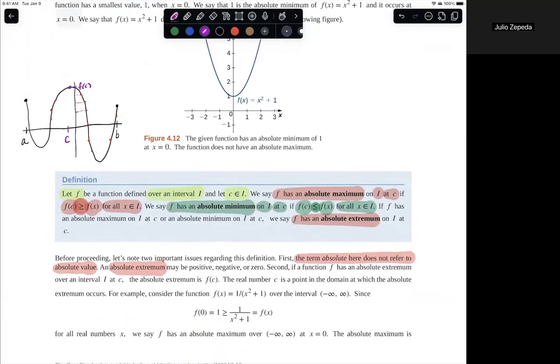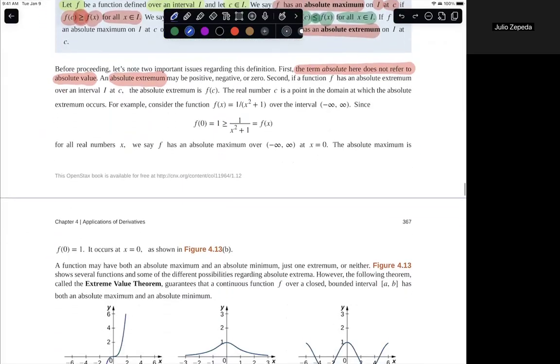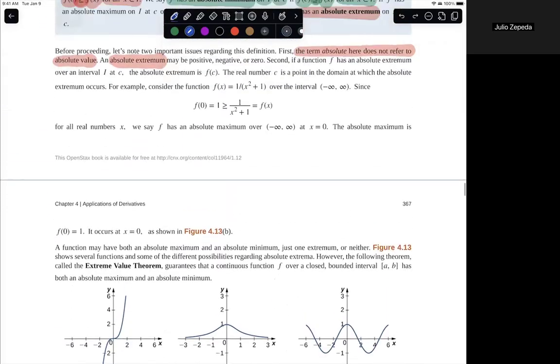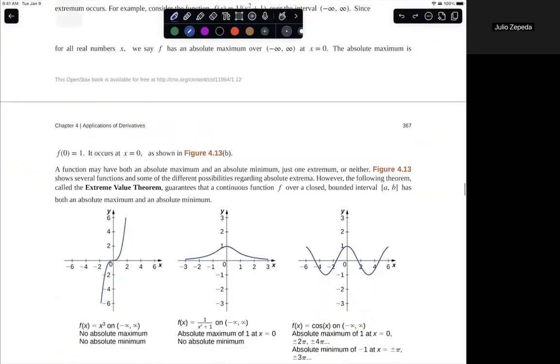If you take a look at the graph here in blue, the absolute maximum for this function is going to be some negative value. So that's very possible. Okay, so let's move on. This is very good reading material if you want to read through this yourself.